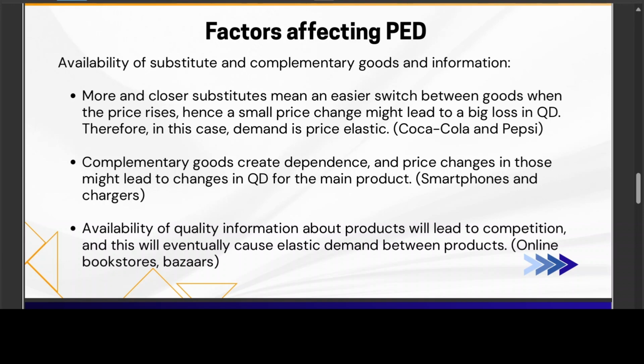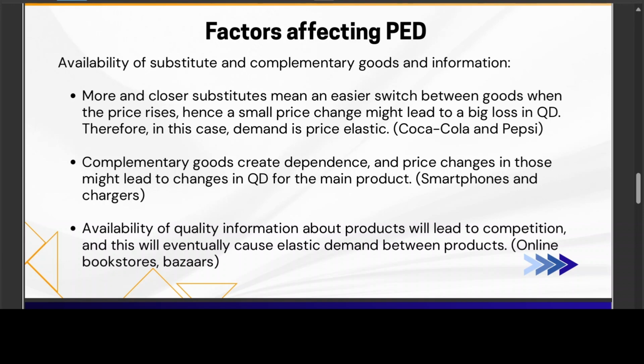And complementary goods also exist. Those are products which you can buy together to use them as one complex. Like say smartphones and chargers. You always need chargers to charge your smartphones. Or let's say pens and notebooks. You always need pens to write on notebooks. So those are complementary goods, and complementary goods always create dependence, and price changes in those might lead to changes in quantity demanded for the main product too.